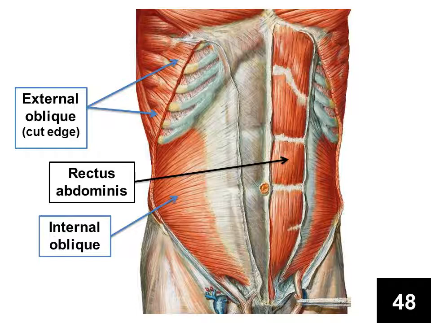When this muscle contracts, the lateral border of the muscle makes a ridge that we call the linea semilunaris. Now we have the linea alba in the midline, and the linea semilunaris lateral to the rectus, especially visible in people who lift weights or bodybuilders. The linea semilunaris extends from the tip of the 9th costal cartilage to the pubic tubercle. Now the next muscle, pyramidalis.